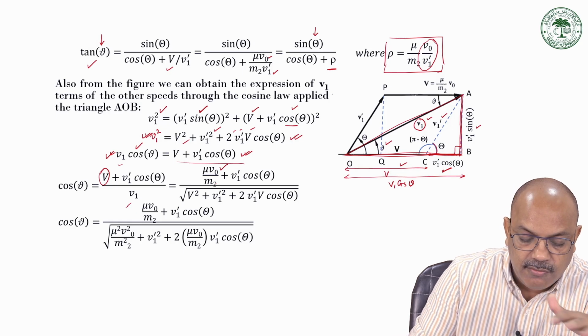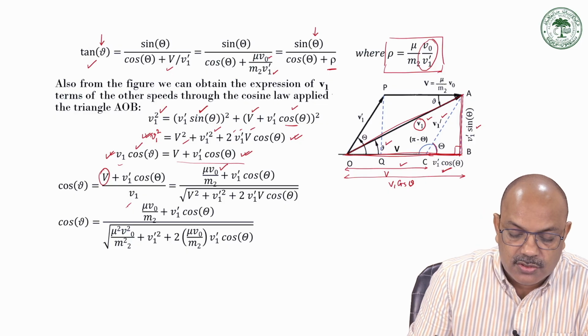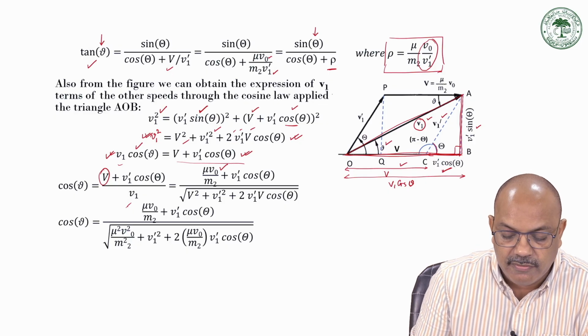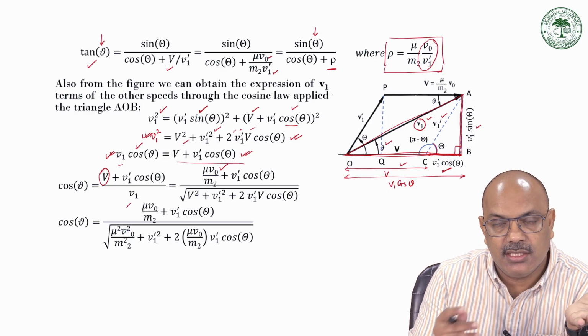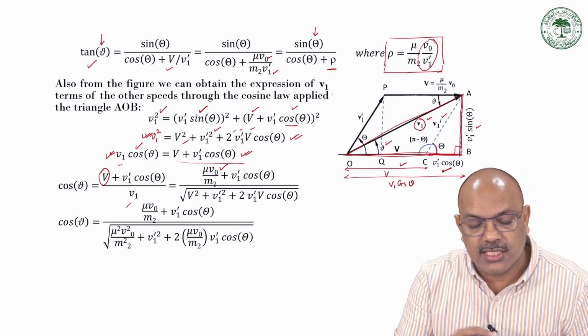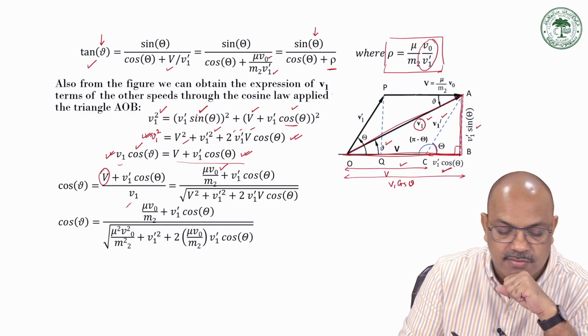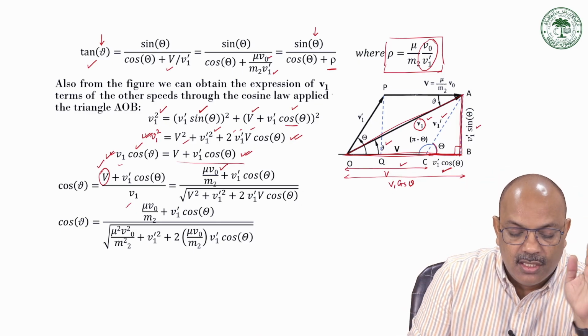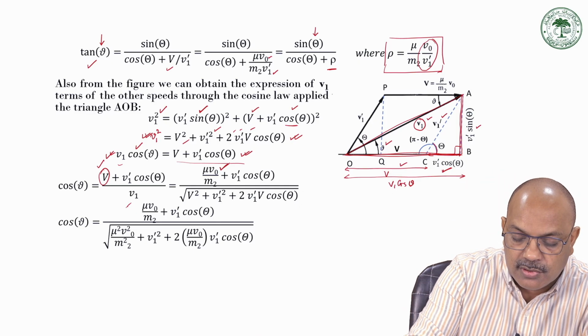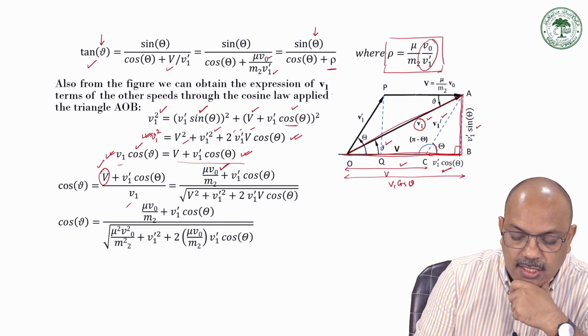We are trying to get rid of the center of mass velocity, so everything has to be in terms of the velocity of particle 1, either in the lab frame or in the center of mass frame, and the second thing is the scattering angle in lab frame and center of mass frame. To get rid of the center of mass velocity, you replace it with mu V naught by m naught, which we have already calculated.